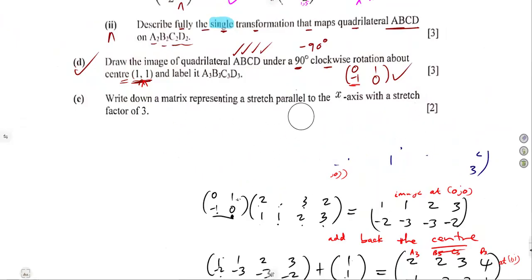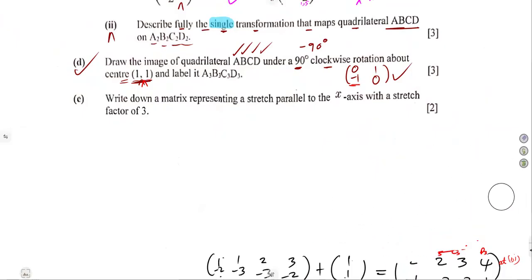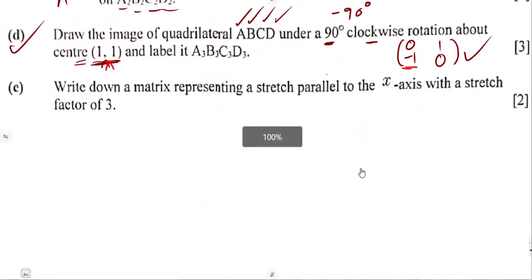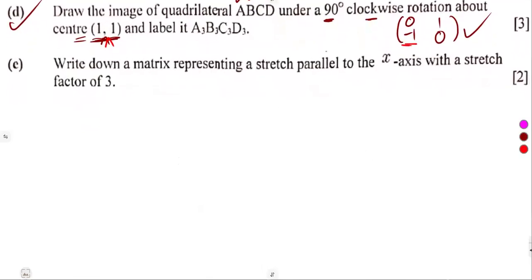Be very careful. On E, we are given, write down a matrix representing a stretch parallel to the x-axis. Guys, do not just answer these questions. It is a stretch that you're dealing with. So what is the case of being parallel to something?